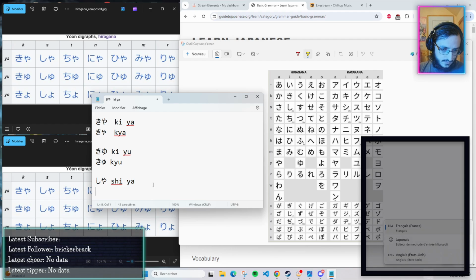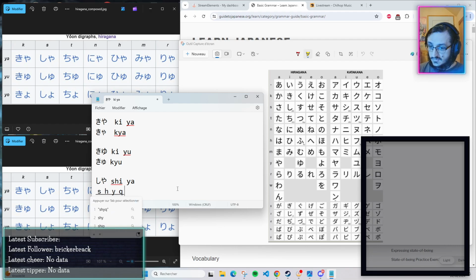And when you get the merged one, you have a shi with a smaller ya, which we would expect to be shia, something like that, but it's not. We get sha. So the i just disappears, and you get sha.